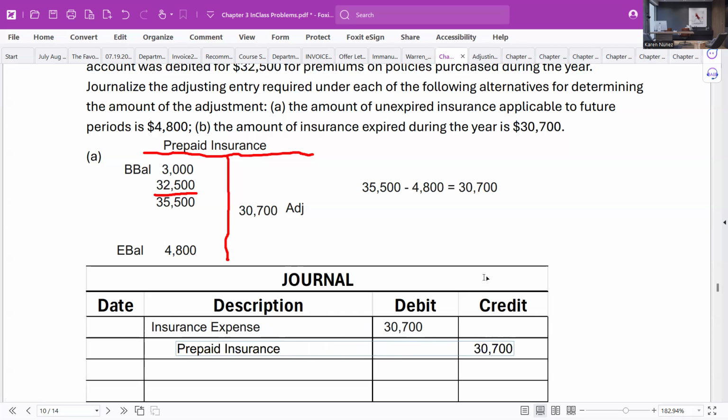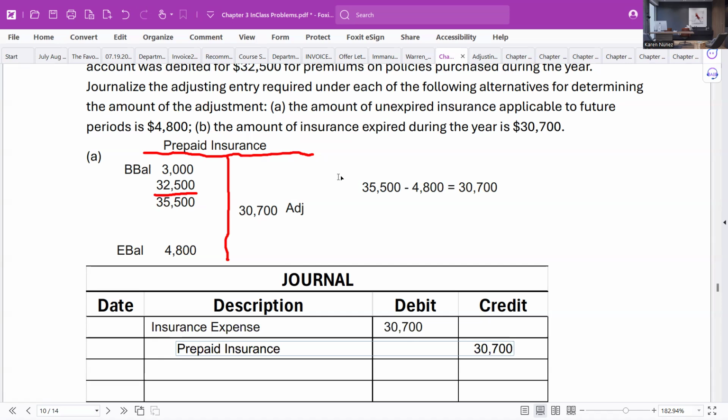Okay. So it's kind of like what we did in the last exercise. We're just recognizing the amount of insurance that expired during the period. And we had to determine that. They didn't just give it to us in Part A. We had to determine that given what we started with in the account, what we added into the account, in order to get from that 35,500 to the balance that applies to future periods, the 4,800, is to adjust it by the 30,700.